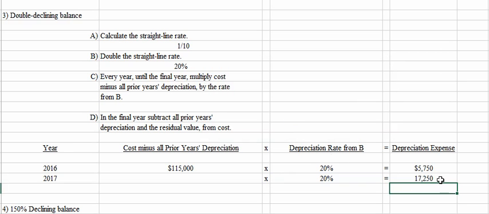Okay, this is depreciation for the first 9 months of 2017. Okay, 17,250. So I'm going to put that number here, 17,250. Okay, that's depreciation for the last 9 months of year 1. Here's depreciation for the first 3 months of year 1. So total depreciation for year 1 would be these two added together.